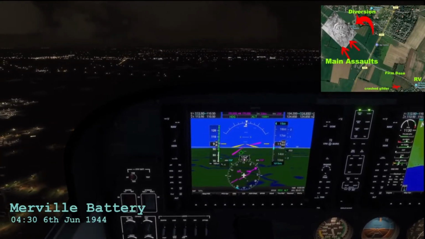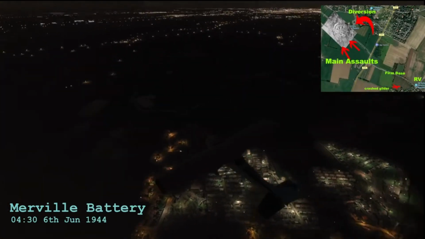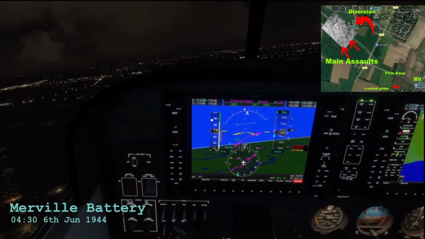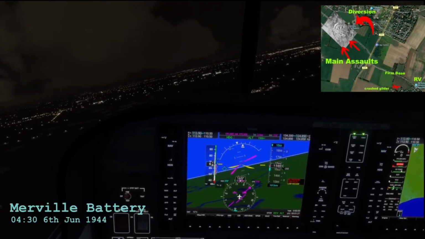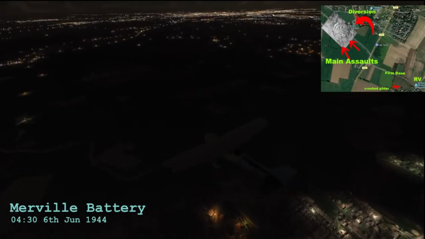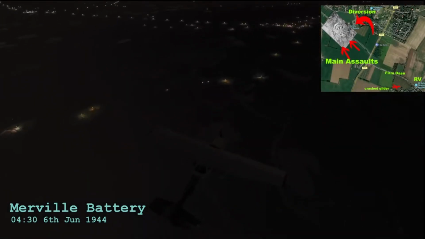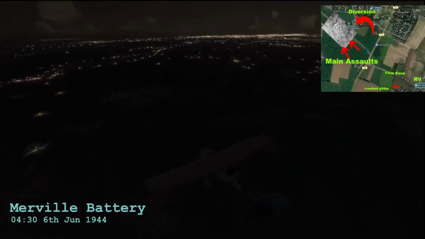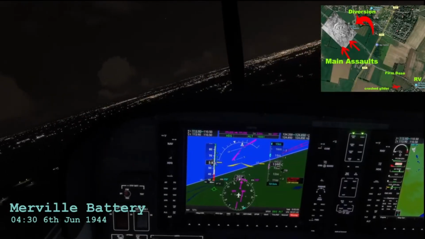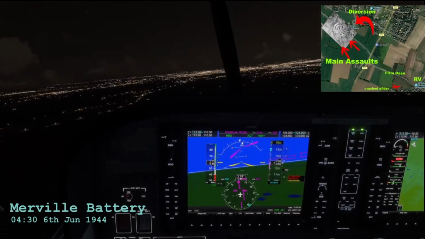Okay, so we'll cut the engine here, and we're going to try and find this battery. Now, Otway says that at 4:30 he could see a glider circling above, trying to find the battery to land on.